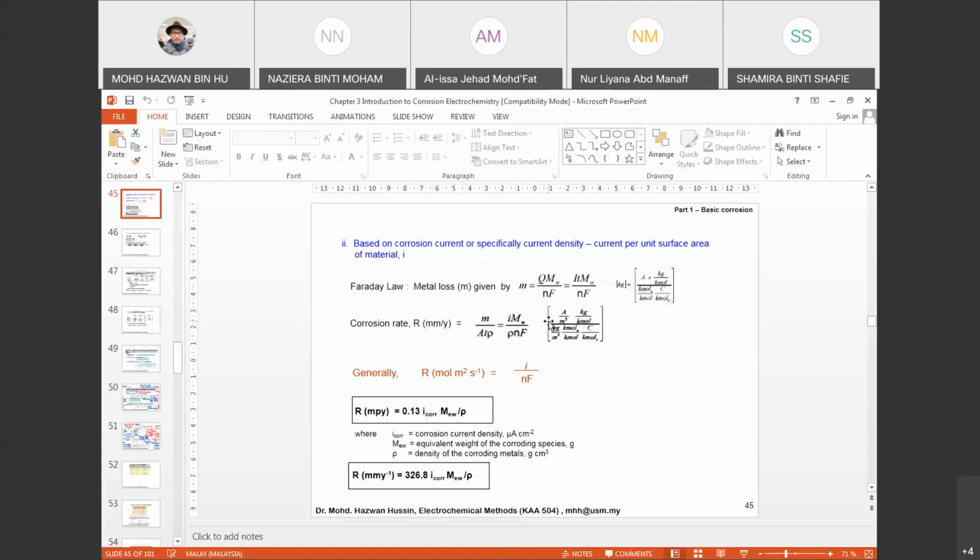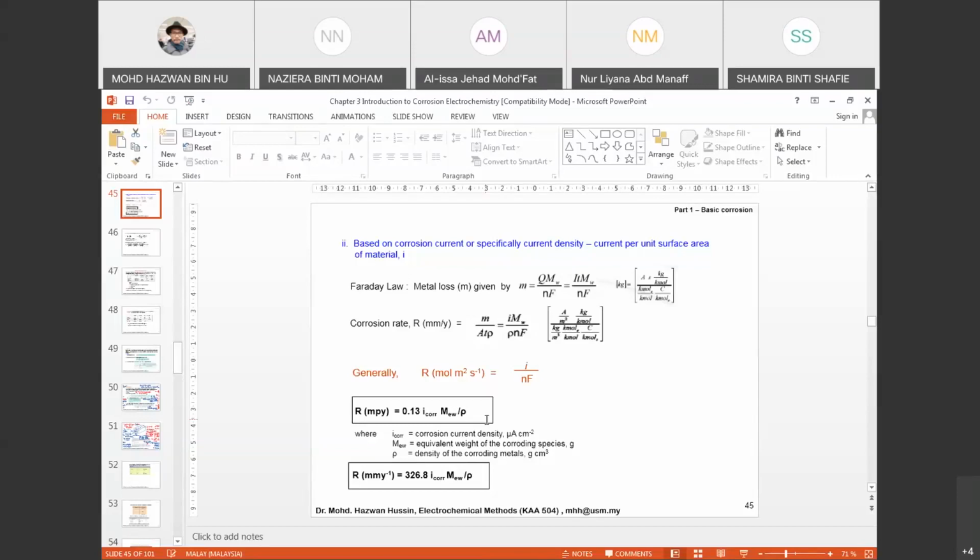You put a metal inside a solution and let it corrode for some time. It occurs naturally. Meanwhile, this formula, 0.13, as well as this one, 3.26, is used with induced current methods. If you use a potentiostat or anything that drives the current and accelerates it, then we cannot relate the current density produced from one method to another method, because it's not the same theoretically.